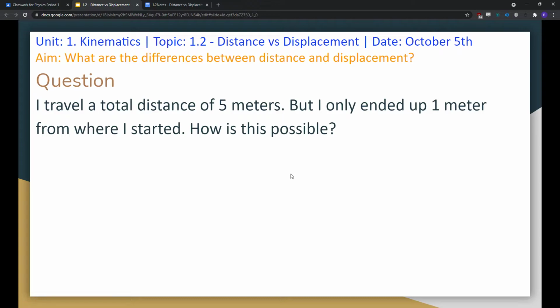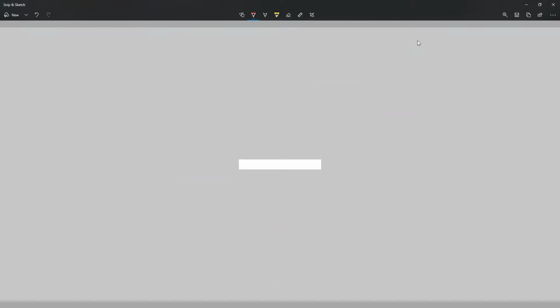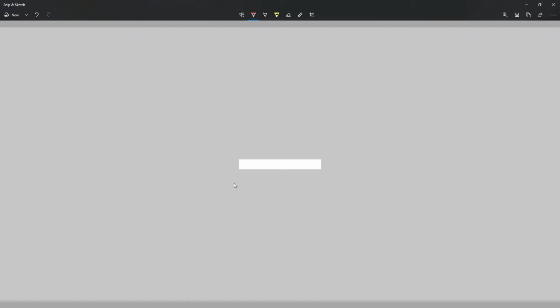Then I'm going to introduce to you now the next question. It says, I travel a total distance of 5 meters, but I only ended up 1 meter from where I started. Well, how is this possible? Let's take a look. This is definitely possible because you don't need to walk in a straight line, right?